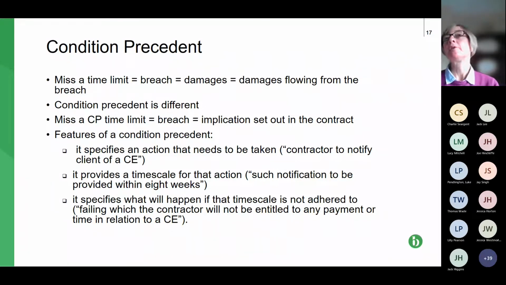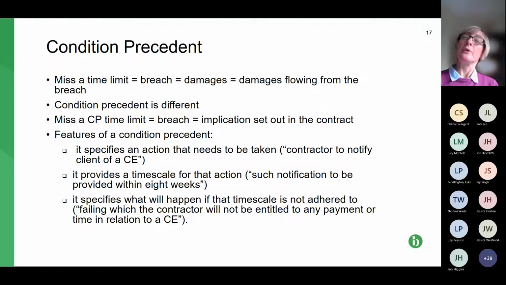The fundamental rule is that if you are in breach of contract, then you must pay the other party to the contract damages. So typically it's a financial remedy, and it's the damages or the loss that flows from the breach.